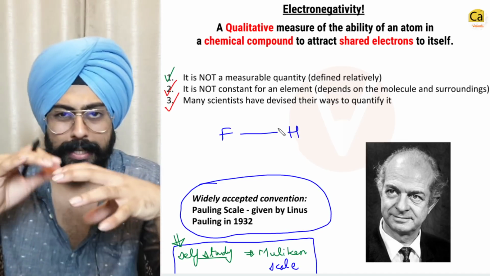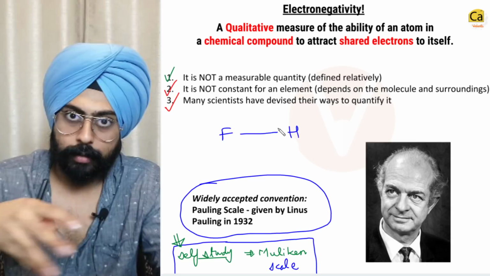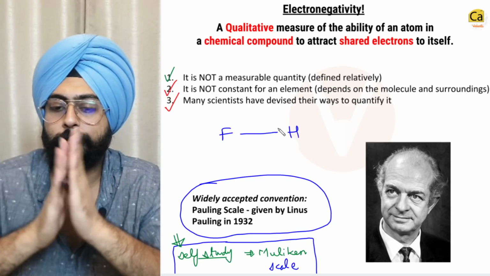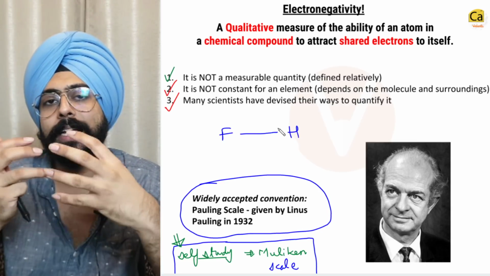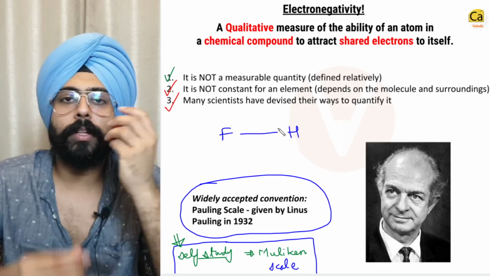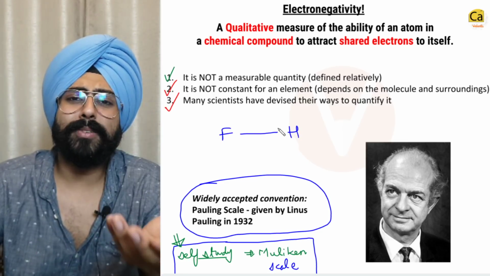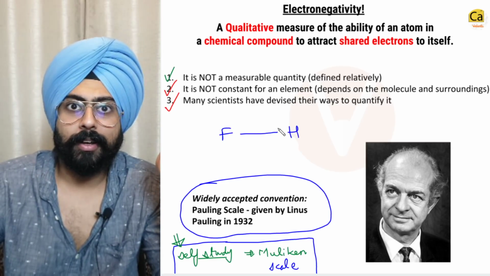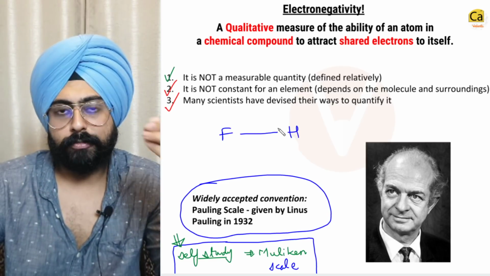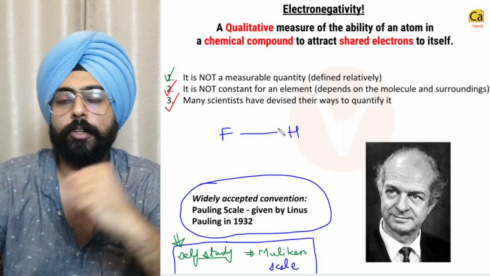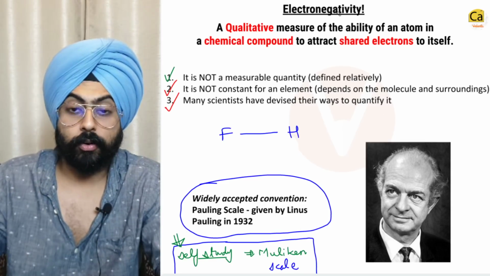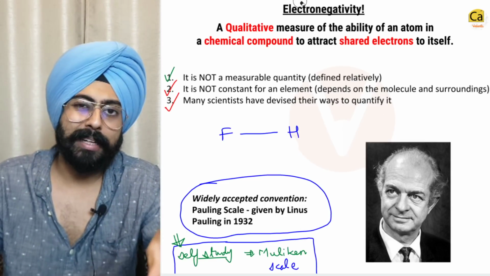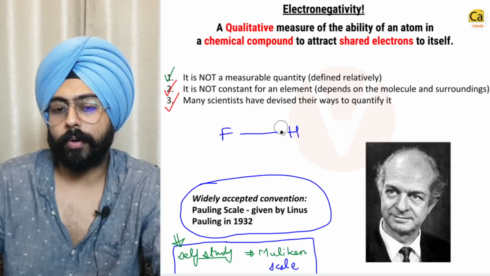If you use a little bit of logic through the things that we have learnt in this chapter till now, you would realize that fluorine's effective nuclear charge will be more than that of hydrogen. Hydrogen has 1 proton. Fluorine has 9. So fluorine has more effective nuclear charge than hydrogen, quite a lot in fact, and you already know that fluorine as an element loves electrons quite a lot.